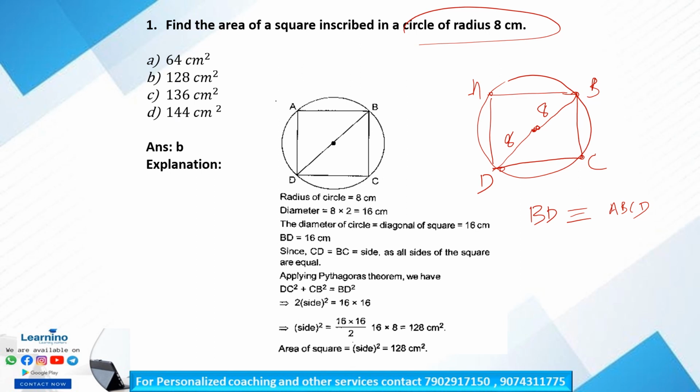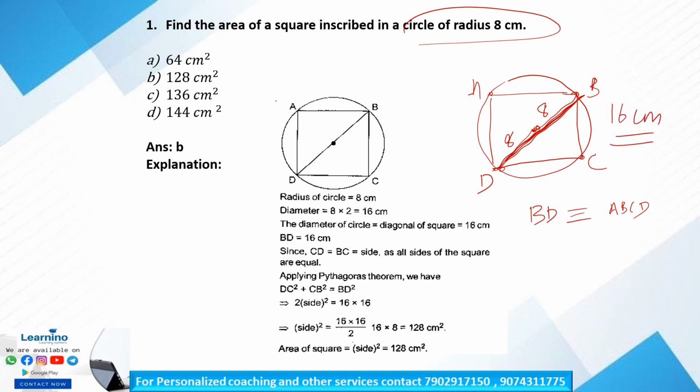Because the square is inscribed in the circle, the diagonal and the diameter are the same, that is 16 centimeter.